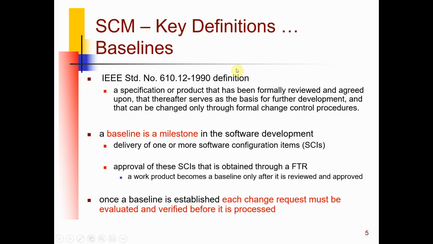Not all milestones are baselines, but all baselines are milestones. The baseline means you have to do the formal review and agree upon it, and everyone agrees, and then it further serves as a basis for future development. Once you do the review, that milestone becomes a baseline. But all baselines are milestones.